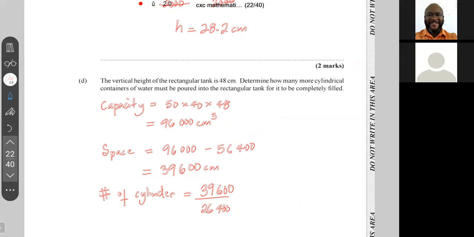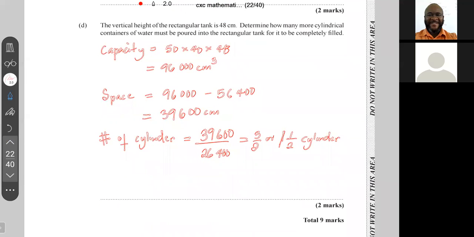Sorry, not minus, it's divide 39,600 by 26,400. This is 3/2, or 1.5 cylinders. So how much more cylinder of water would be needed to fill the tank? And the answer is 1.5. All right, and that's the end of the question.